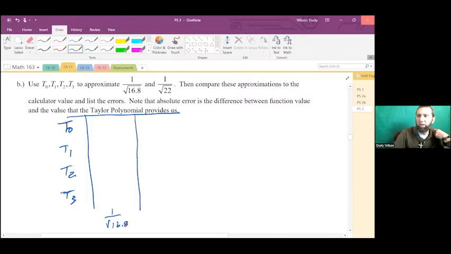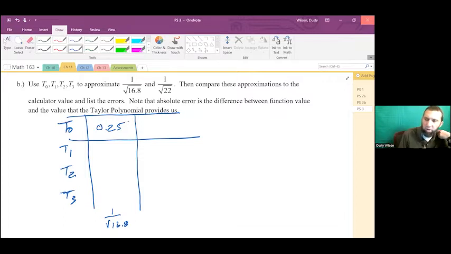And so that would give me 0.25 even. And then the next one over to 4 decimal places would be 0.2437 or 38.